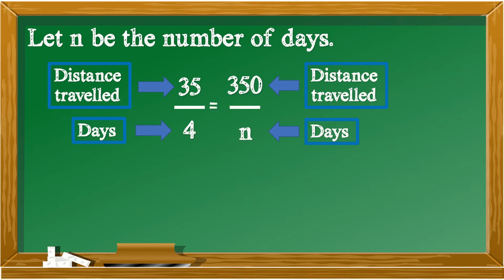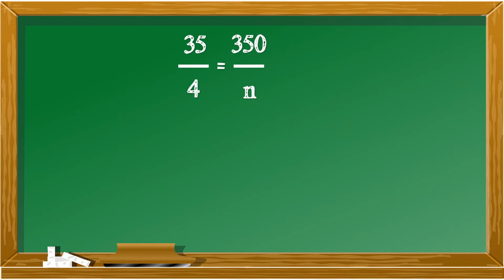We now have the proportion. 35 is to 4 is equal to 350 is to n. Let us look for the missing days. First, we are going to cross multiply, meaning you are going to multiply 35 to n. 35 times n is equal to 35n.